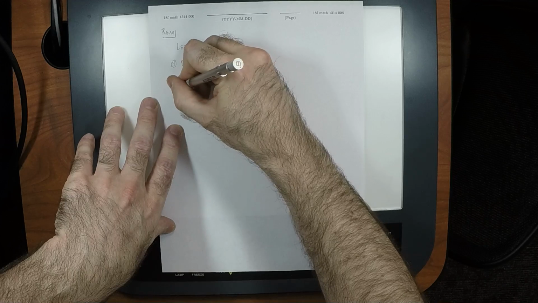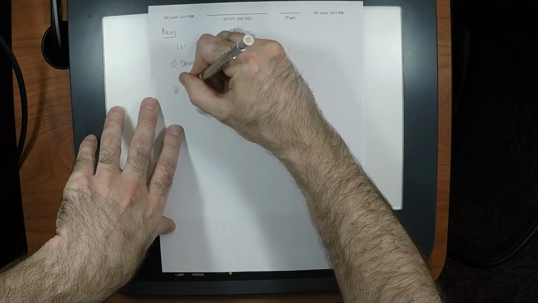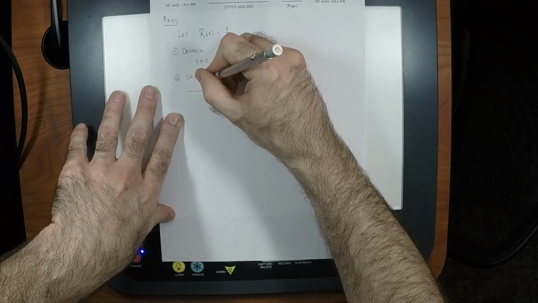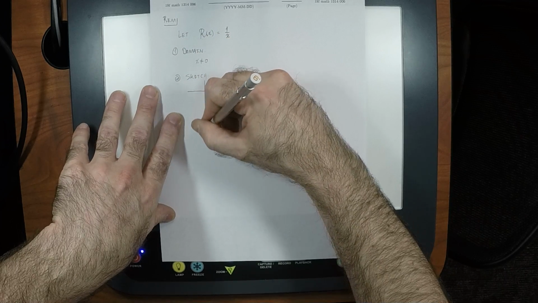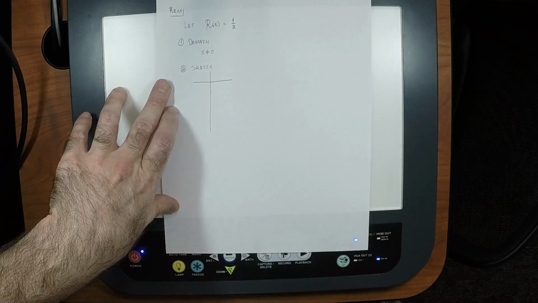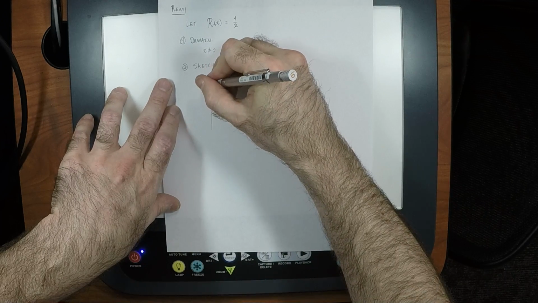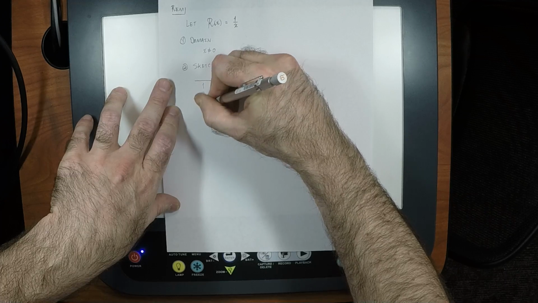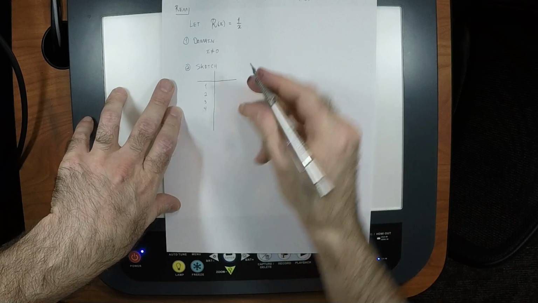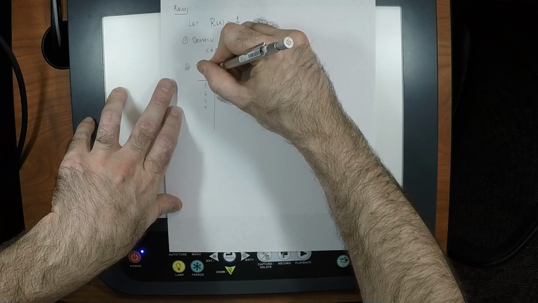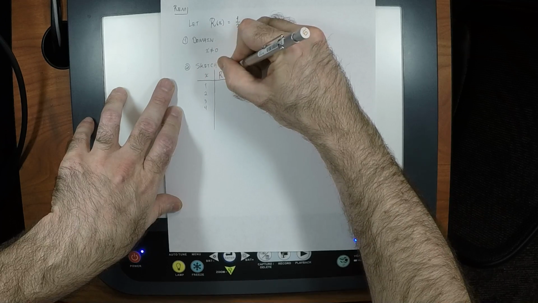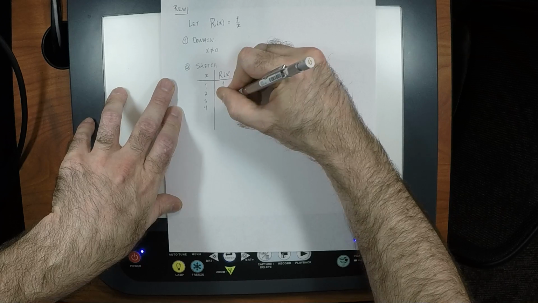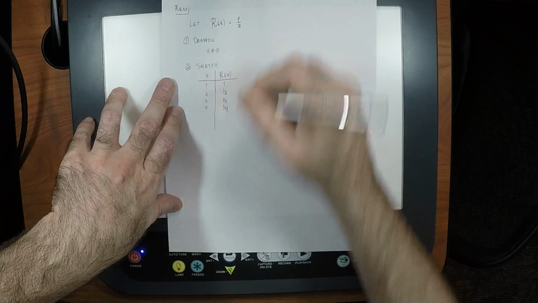And then let's make a sketch. Well, this is a little tricky. So if I say something like 1, 2, 3, 4, those are easy enough. So like if this is x and this is r of x, then here the output is 1. The output would be half, a third, a fourth, right?